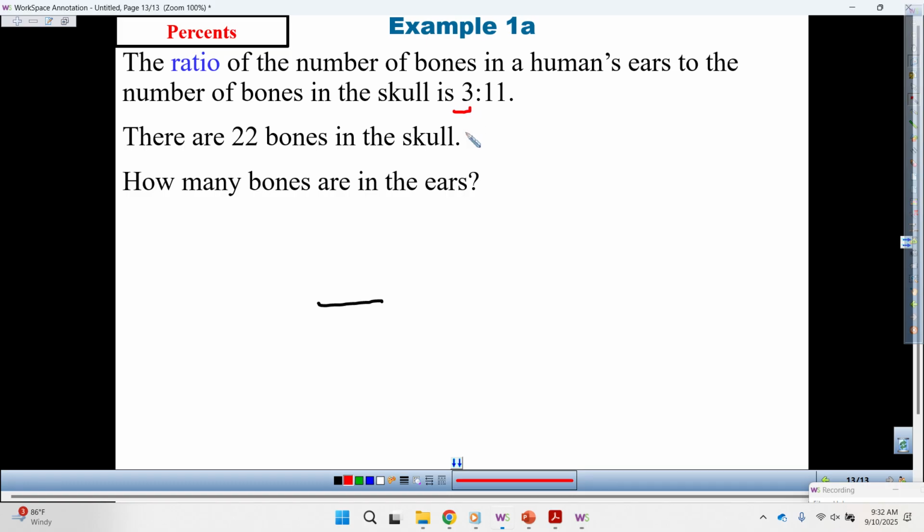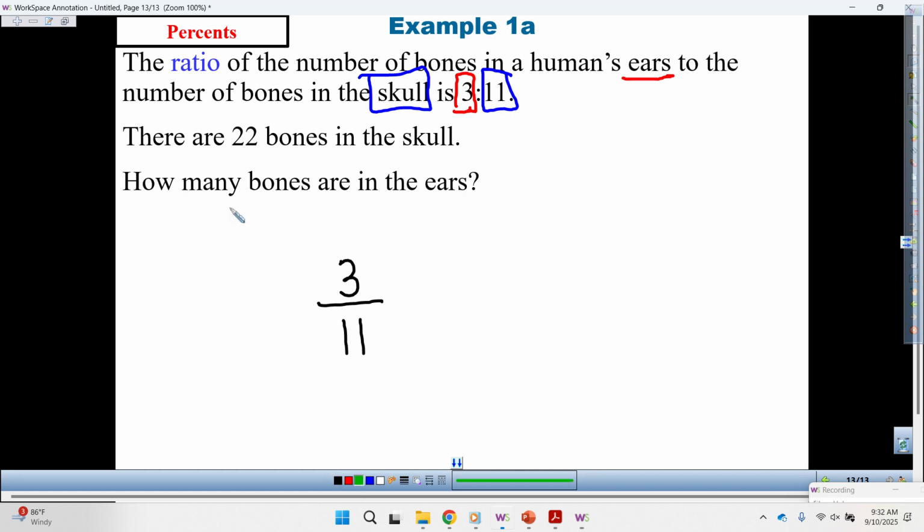But I need to know which one corresponds to what. So look up. Which was mentioned first? The bones in the what? So that means the 3 corresponds to the ears. Which one was mentioned at the end? Skull. That means that 11 is the skull. So if I write my ratio, 3 over 11, check this out. We know that this is for the ears and this is for the skull.